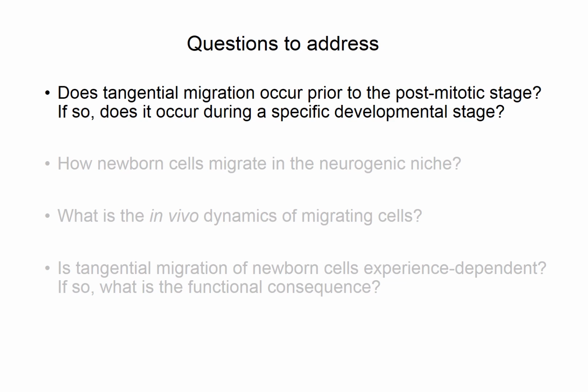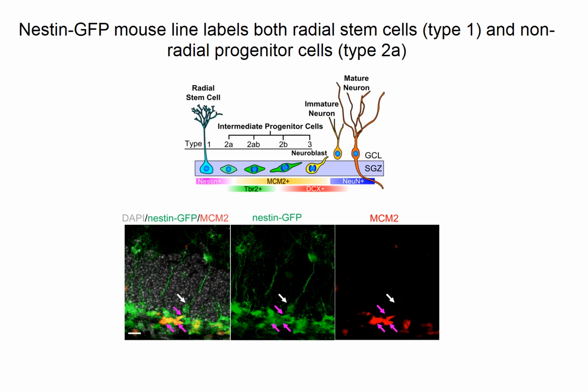Those are the most primitive cells in the lineage, the type 1 and type 2A cells. We take advantage of this nestin-GFP line. This mouse line has the nestin promoter, which labels both radial stem cells and non-radial progenitor cells. Those are the cells here and here.